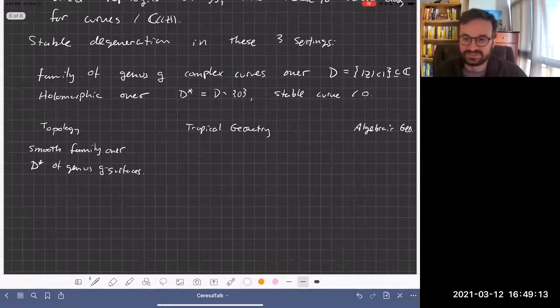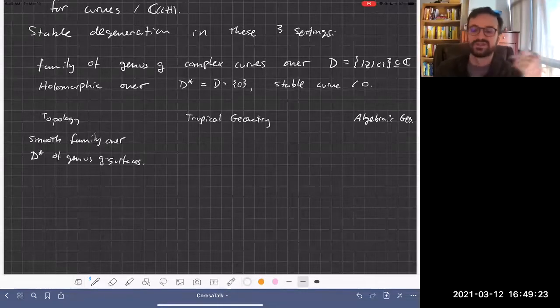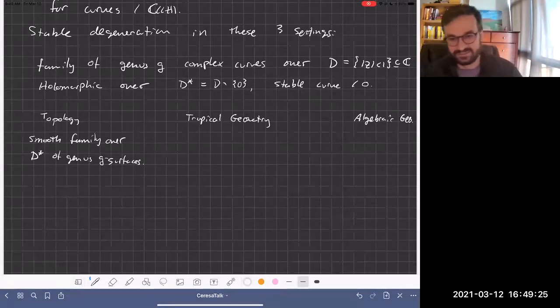My understanding is the way a topologist thinks about this sort of degeneration is you forget about the actual curve at the singular fiber and you study the monodromy action around that singular point.